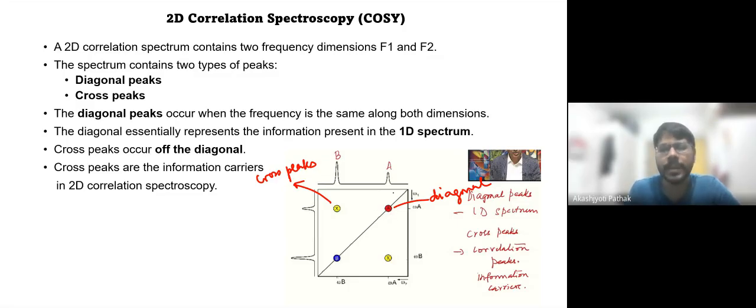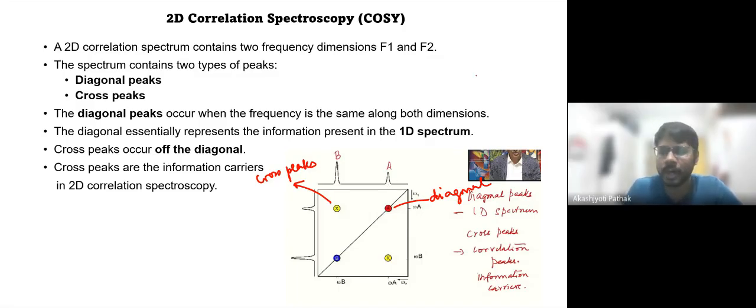In each dimension, your F1 dimension and F2 dimension, your F1 dimension has the 1D spectrum, and your F2 dimension will also have this 1D spectrum. So you are trying to find the correlation.